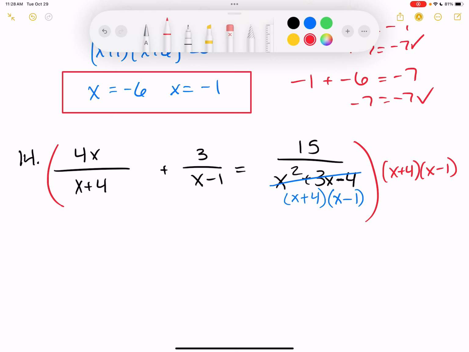So when I multiply by this, the x plus 4's cancel, so I will have 4x times x minus 1. Plus, when the x minus 1's cancel, I'll have 3 times x plus 4. And then on this last part, everything cancels and I'm just left with 15.